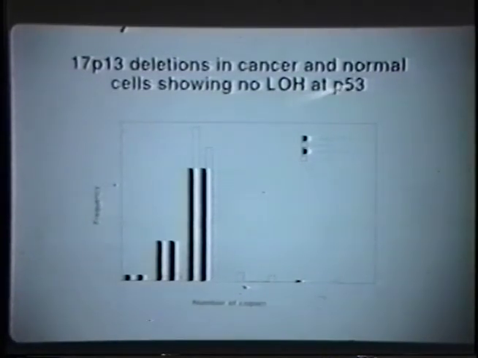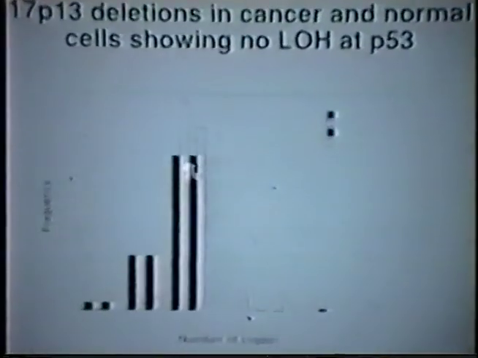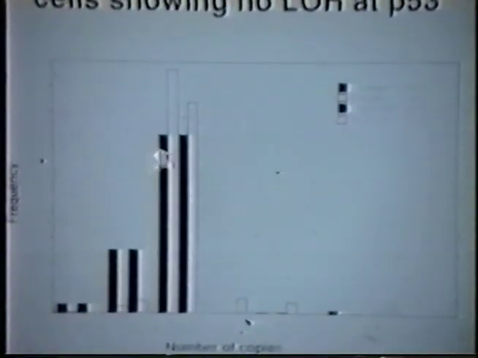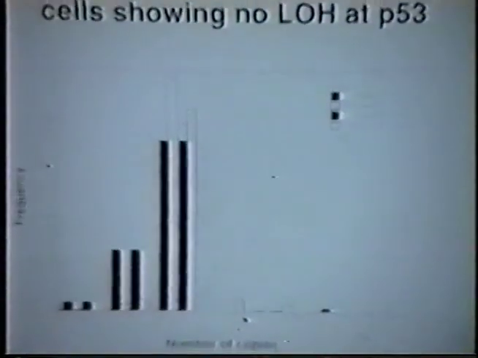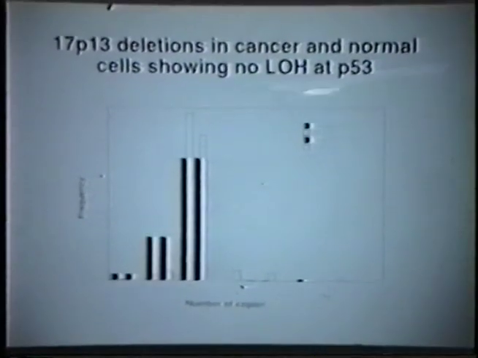And so we looked at the gene for p53, and we asked the question, if we look at cells that are normal for p53, haven't lost the normal allele, what does the ratio of the number of copies of the centromere to the number of copies of p53 look like? And what you can see here is that we have about the same number of copies of p53, the black bars, as we do for the number of copies of the centromere, the white bars. So this would suggest that there is no deletion leading to loss of heterozygosity and suppressor gene activation.